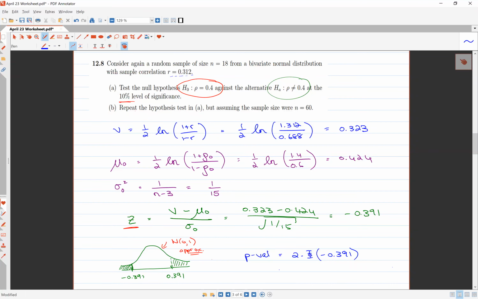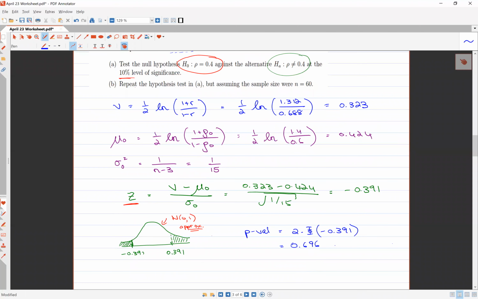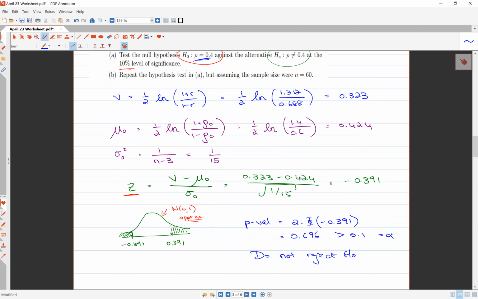And if you do that calculation, this ends up being 0.696, which is much larger than the alpha of 10%. So we do not reject the null hypothesis, which in this case means the sample evidence is consistent with the population having a correlation of 0.4.